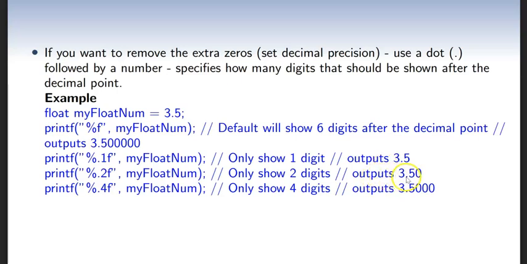The output would be 3.50 for this particular printf statement. If we mention .4, the output would be 3.5000. So we are getting 4 digits after this decimal point. This is how we are setting decimal precision.